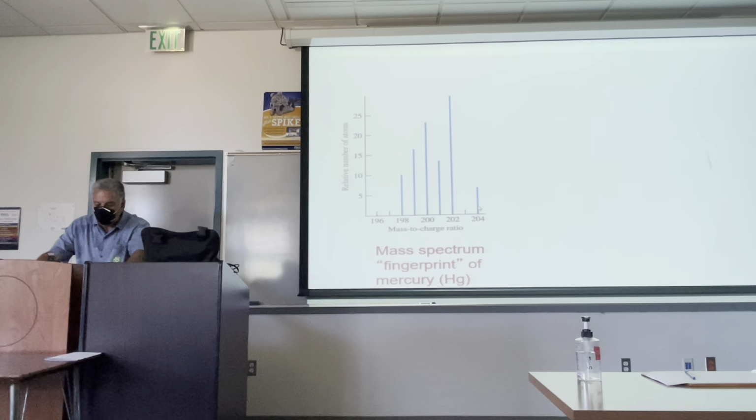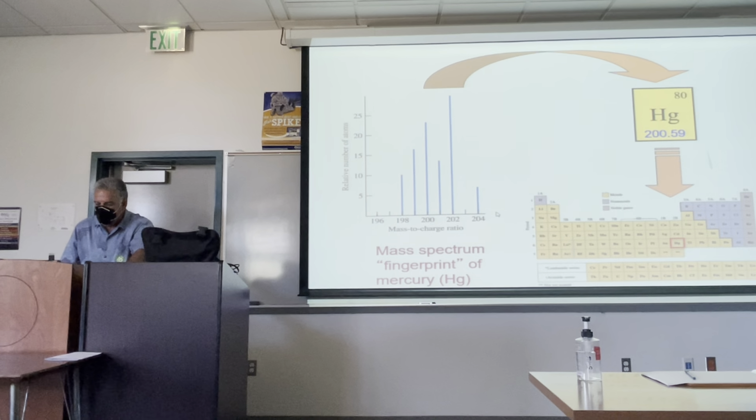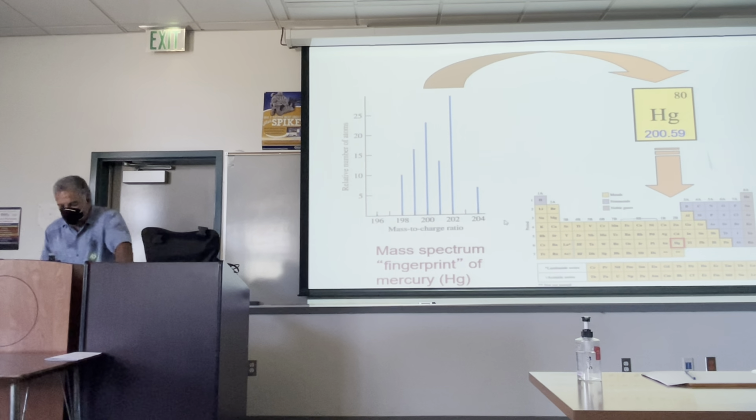So that's the six isotopes of mercury, right? And it makes sense that the average is pretty close to 200, because you have more below 200 than you do above 200. And there's mercury right there.